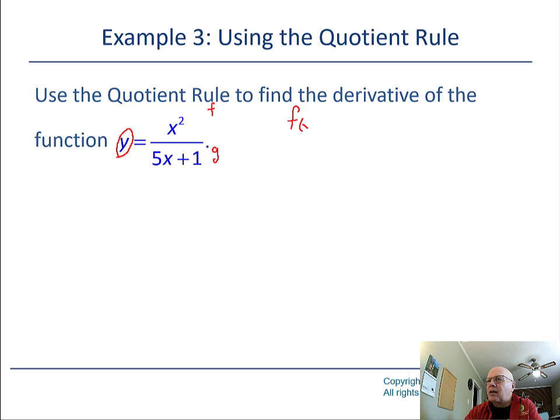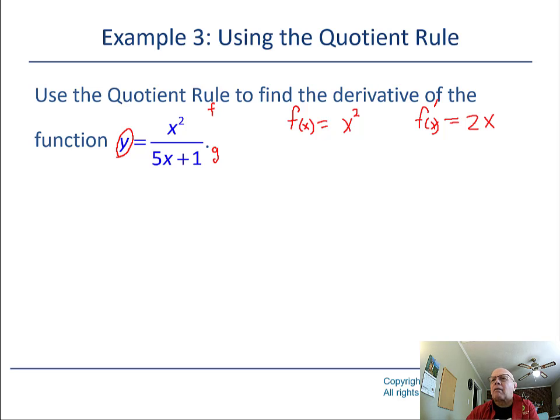write these down. So f of x would be what's on top, x squared. No big deal. While you're at it, you know you're going to take the derivative of that, so why not write it down? There's the derivative of the top.